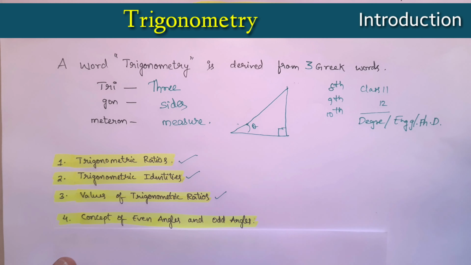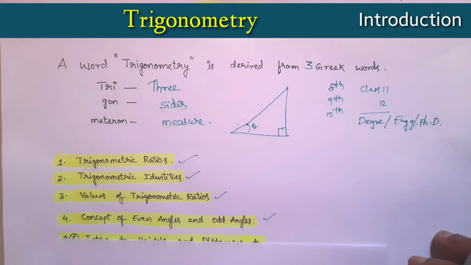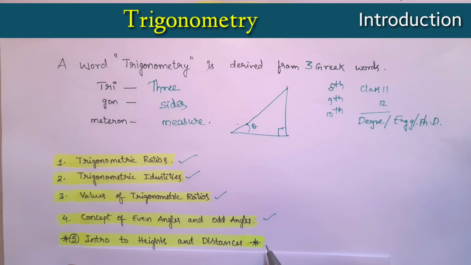Maybe you did not hear about this, but I will explain clearly so that you can convert and transform any angle, say sine of 180 degrees minus A, like that. Any angle you can transform easily. And the last and main important concept for this video is the introduction to heights and distances. This is a very important topic and you will understand it very easily.